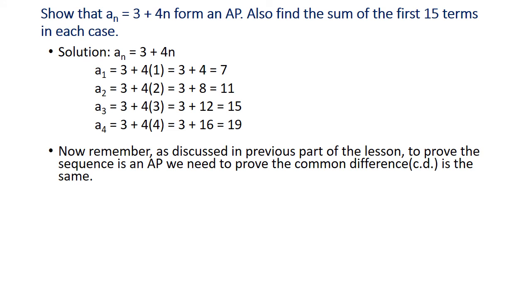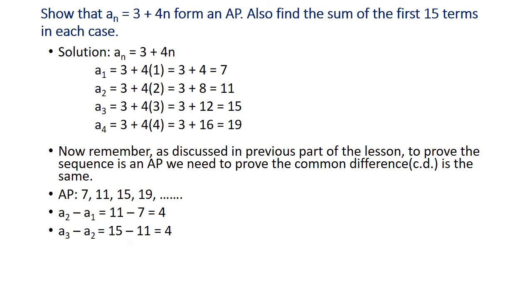Now in the previous section we learned how to prove a sequence is an AP. We have to prove that the common difference D is the same. Yes, we'll find out D. A2 minus A1 is equal to 11 minus 7, that is equal to 4. A3 minus A2 is equal to 15 minus 11, that is equal to 4.